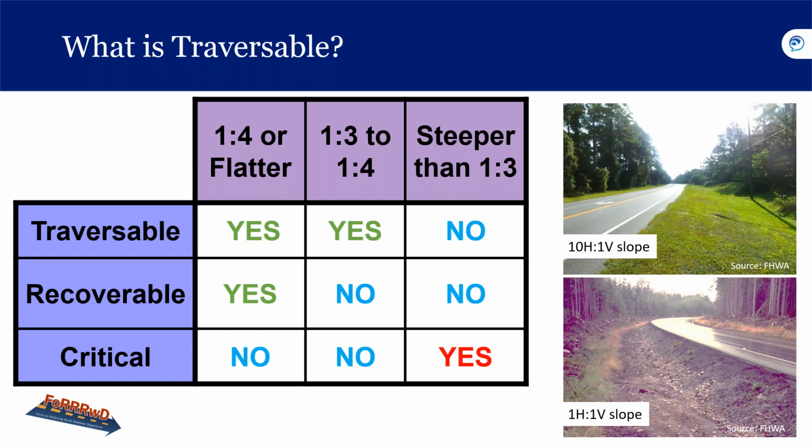And slopes that are steeper than 3-to-1 are considered critical, and depending on their height, a barrier may be appropriate. We talked about the pictures. The picture on the top right is from Florida, and the picture on the bottom is from Washington State. It looks pretty scary there, doesn't it? It looks like a place where they cut down a lot of lumber, doesn't it?